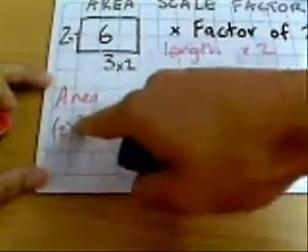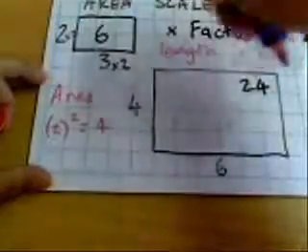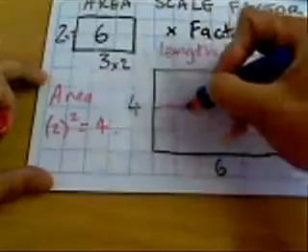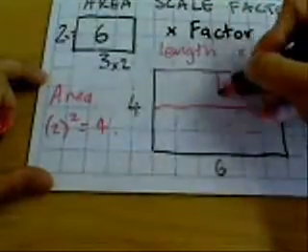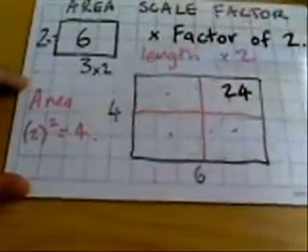With a factor of 2, we always square it, and it's increased by a factor of 4, because 4 of the original shapes will fit into the new shape. 1, 2, 3, 4.